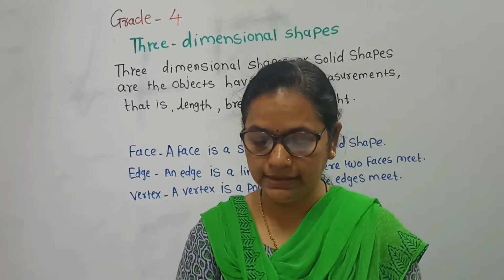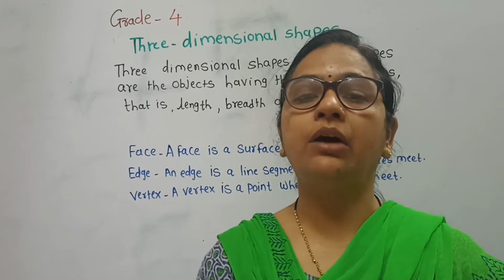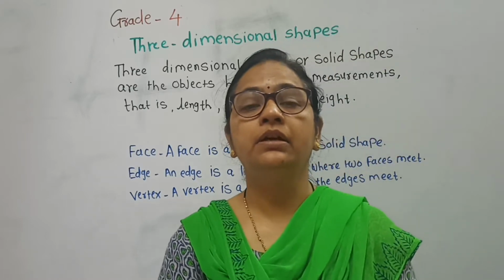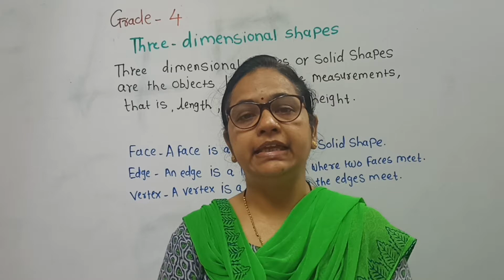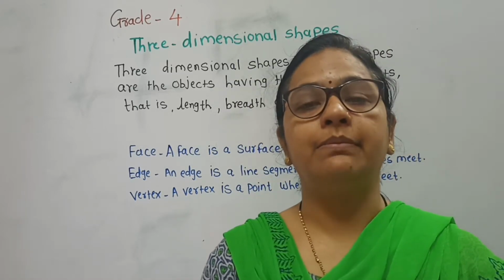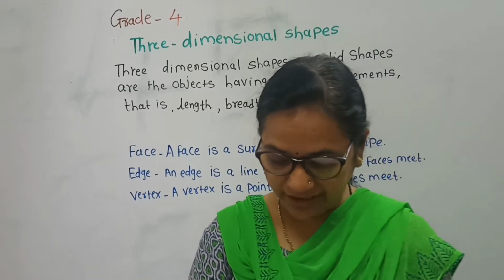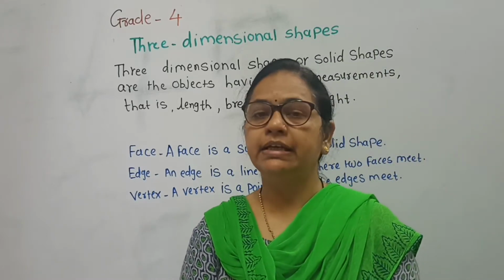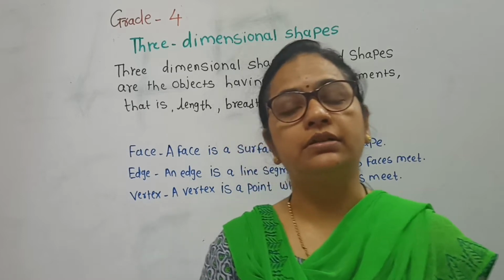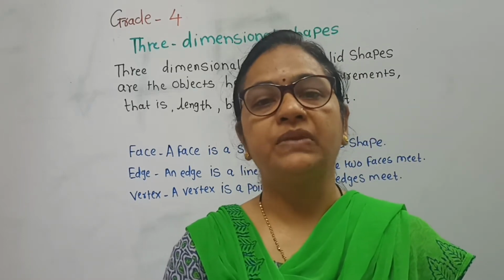Yes, radius is equal to diameter upon 2, and how to find the diameter with the help of radius: diameter is equal to 2 multiplied by radius. And children, now you know how to find diameter, radius, and how to draw a circle of given radius.